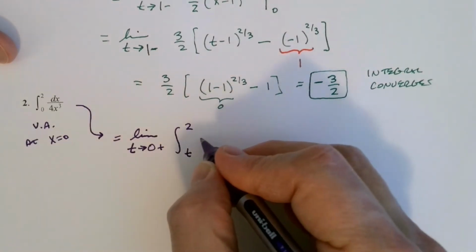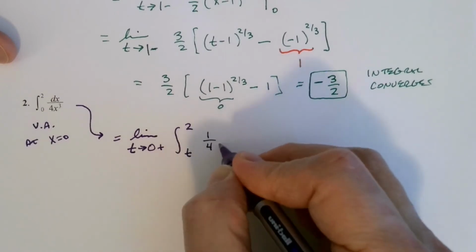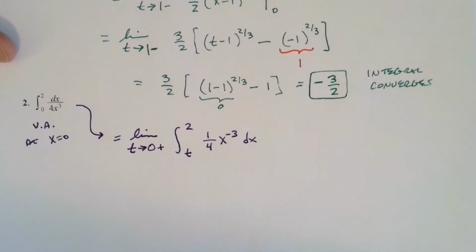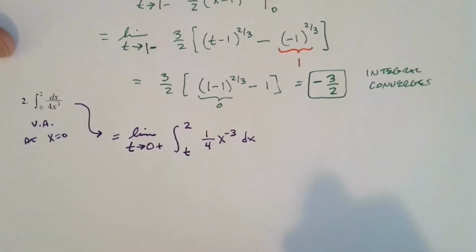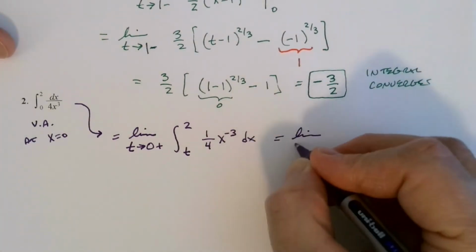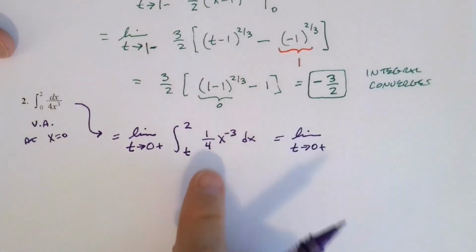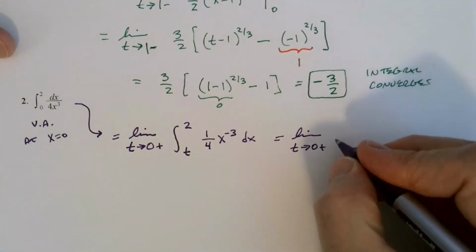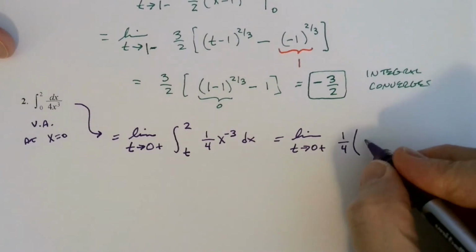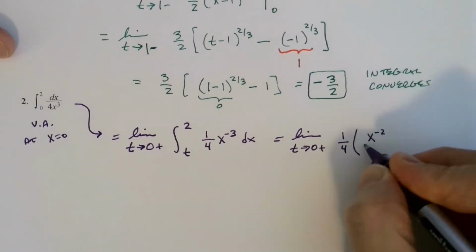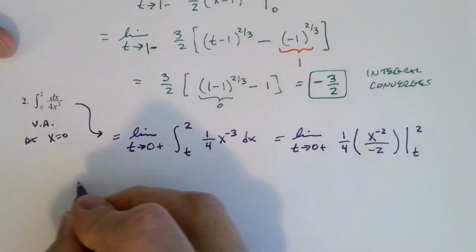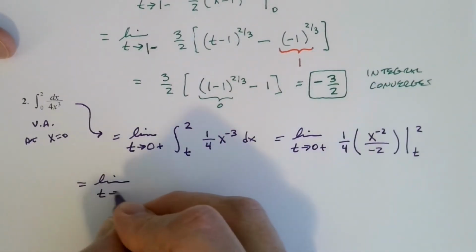And I'm going to rewrite this as 1/4 x to the negative 3. 1 divided by 4x cubed is 1/4 x to the negative 3. Okay. What's the antiderivative of x to the negative 3? It's going to be x to the negative 2, add 1, divided by negative 2. And let's clean that up before we evaluate it.